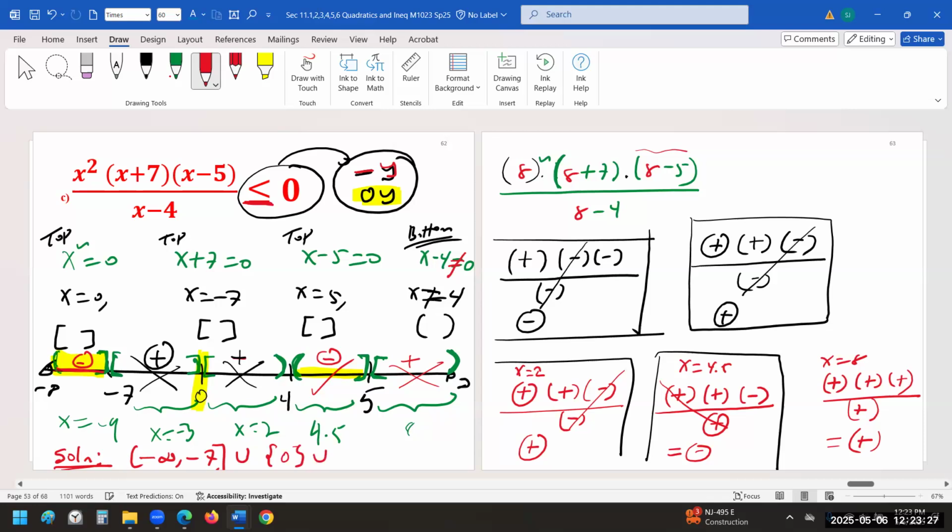And then our last solution is between 4 and 5. Now 4 we got from the denominator, so it has to have a parenthesis. Denominator and infinity always get parentheses. But 5, we got it from the top, so it has to be a bracket. So this is our solution.